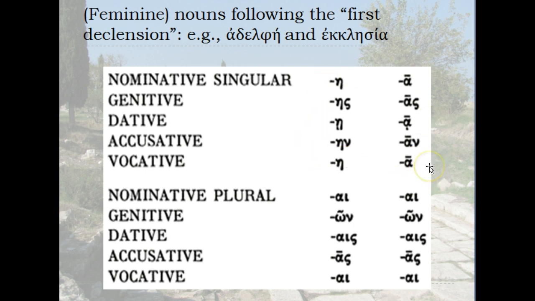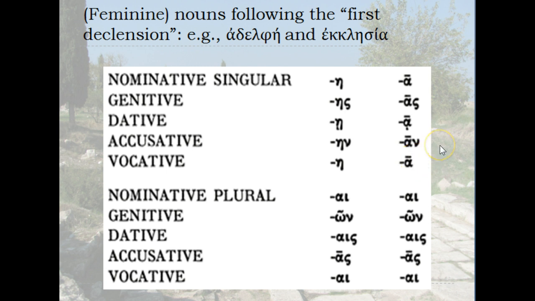Now, the good news is that the plural forms are going to be the same across the first declension. But the singular forms fall into one of three major patterns: the pattern that has eta all the way down through all the endings, and the pattern that has alpha all the way down through all the endings.